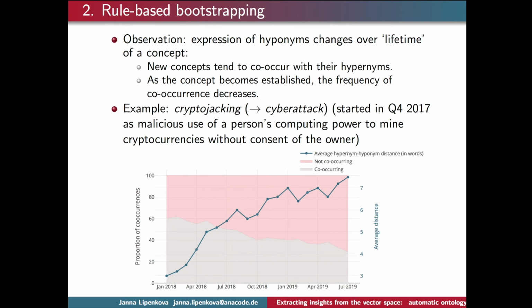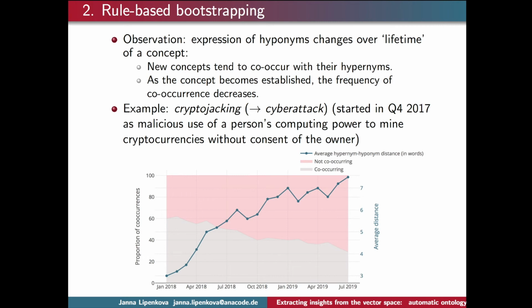So you can see the gray area, which shows the proportion of those instances where cryptojacking does co-occur with cyber attack, so with its hypernym, and the red area is correspondingly the instances where it does not co-occur. And as you can see very nicely, the number of co-occurrences diminishes over time because the concept becomes more familiar to readers and there is no need to explain it every time anymore.